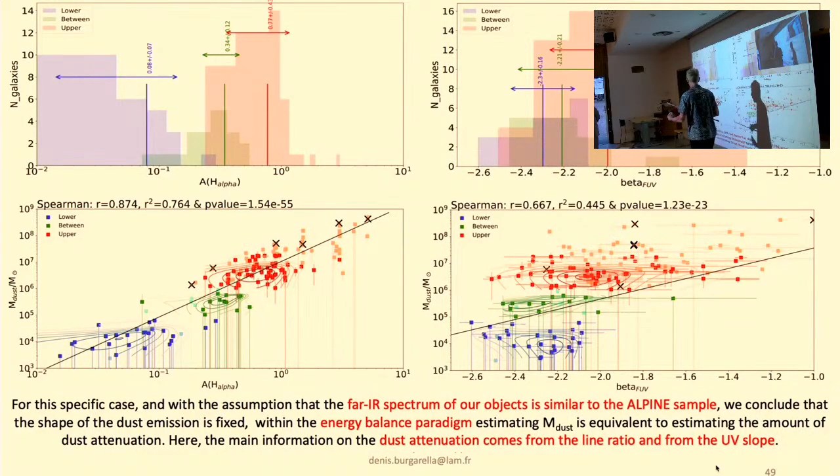And for this, I have several parameters. First, the Balmer decrement, and then the UV slope. We have all the information for this. You can see here that the Balmer decrement is the dominant one. About 80% of the dispersion is explained by the Balmer decrement, and a bit less by the UV slope.